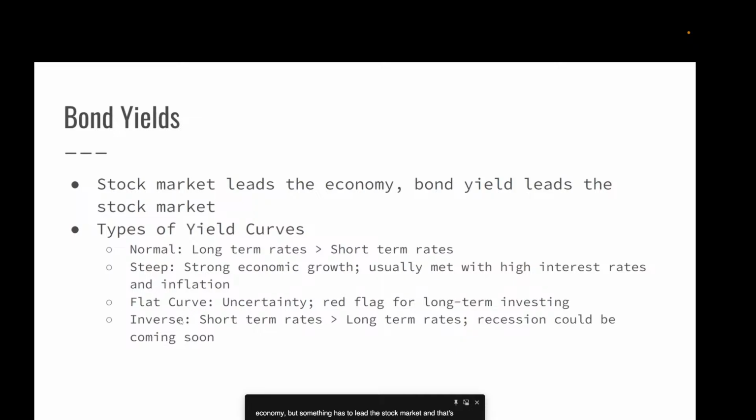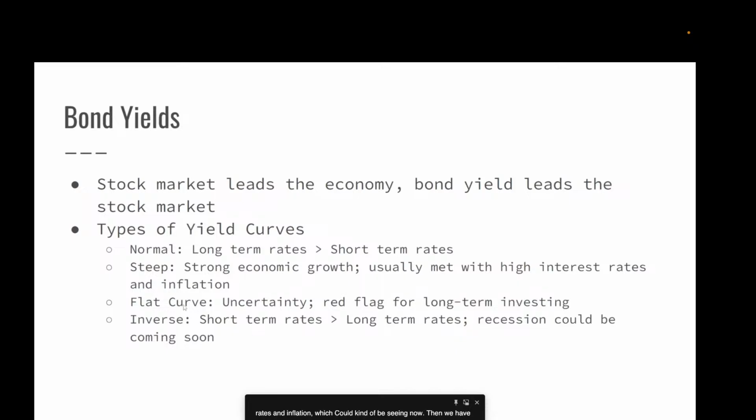It comes in basically four shapes. Normal, which means the long-term rates are greater than the short-term rates. Steep, which is higher than the normal curve. This usually means strong economic growth, and it's usually met with high interest rates and inflation, which we could kind of be seeing now.